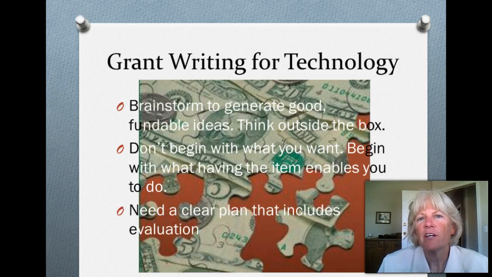You need to have a very clear description of all of the elements of the project or activity, so that the funding agency is well aware of what their money is actually going to buy. So in doing so, there always has to be some evaluation process.